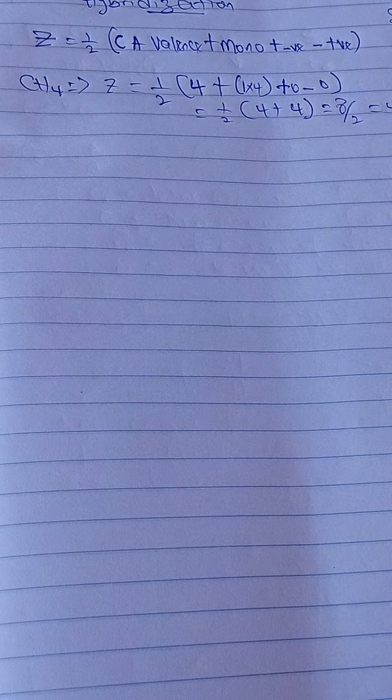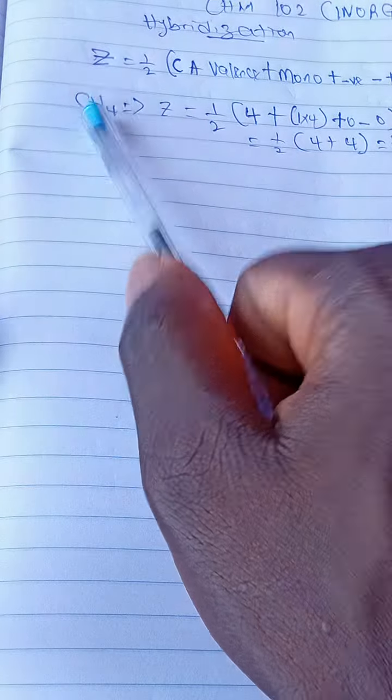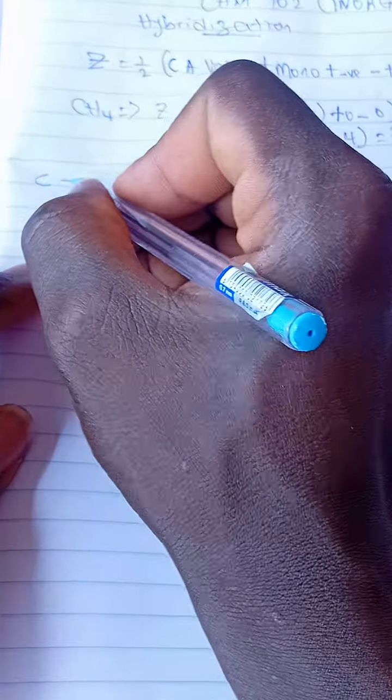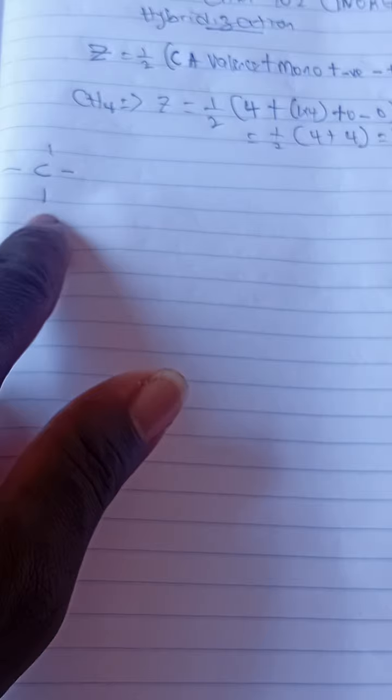Now, how many lone pair? They may ask you how many lone pair. Now, your asterisk number here, this 4, minus the number of surrounding atoms the central atom is bonded with. Now we have H4 surrounding carbon. If you want to draw the structure, you have C H H H H. So C is bonded to 4 hydrogen.